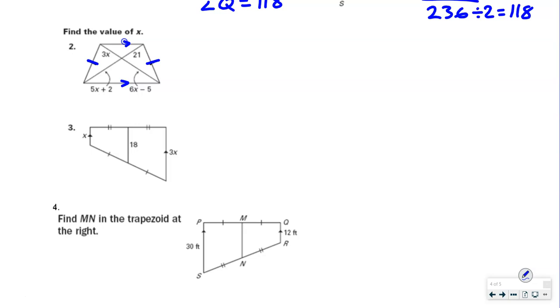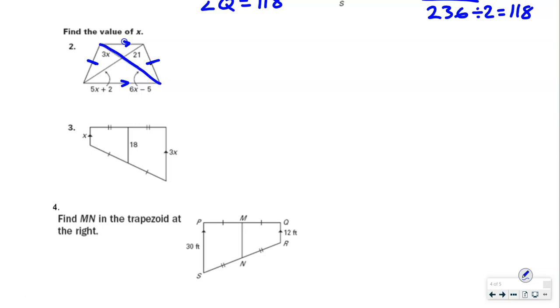So with our diagonals, what do we know about diagonals in an isosceles trapezoid? We know that they're congruent. So 5x plus 2 plus 21 is going to equal 3x plus 6x minus 5. Remember, we have to combine.